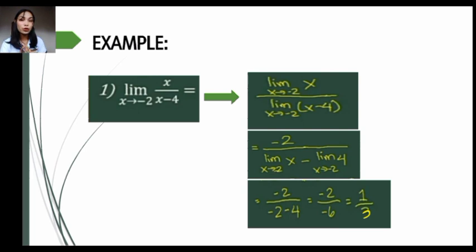While in the quotient rule, we have to check first if our denominator equals 0 or not, and we can do that by substituting the value of x into our given function. In this example, it will not equal 0, so we can proceed to using the quotient rule. Otherwise, we can't use it because the function will be undefined.